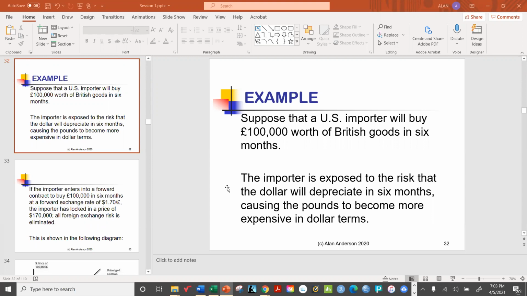What could go wrong? Actually, let me add a little explanatory note here. It says here that the importer is exposed to the risk that the dollar will depreciate in 6 months, meaning that the pounds become more expensive. So let me show you why.